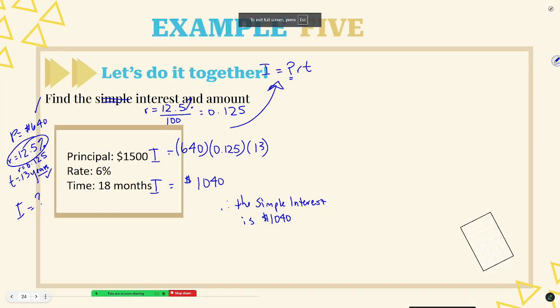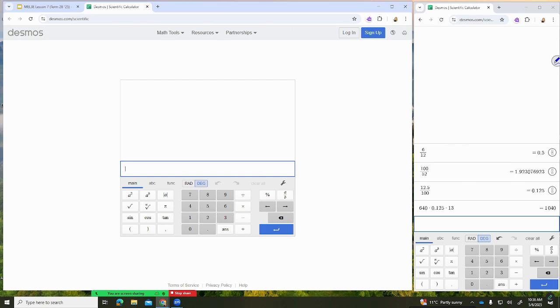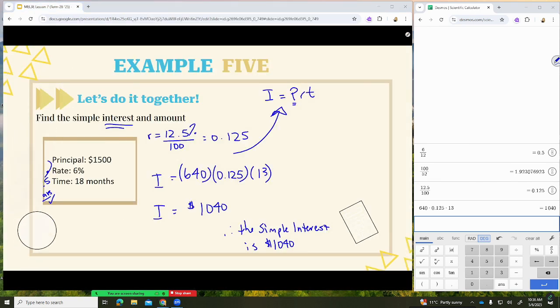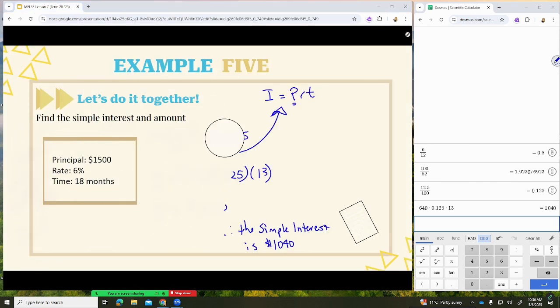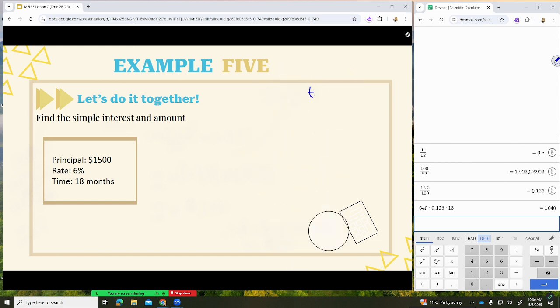We've got another practice question. This one pretty much gives it to us as well. It's telling us in this box that principal, so P, is 1,500. R is 6%, but we have to express it as a decimal. So we're going to divide by 100.